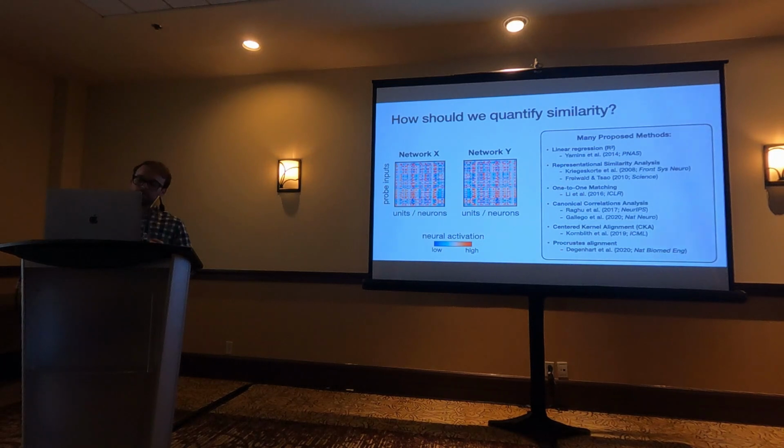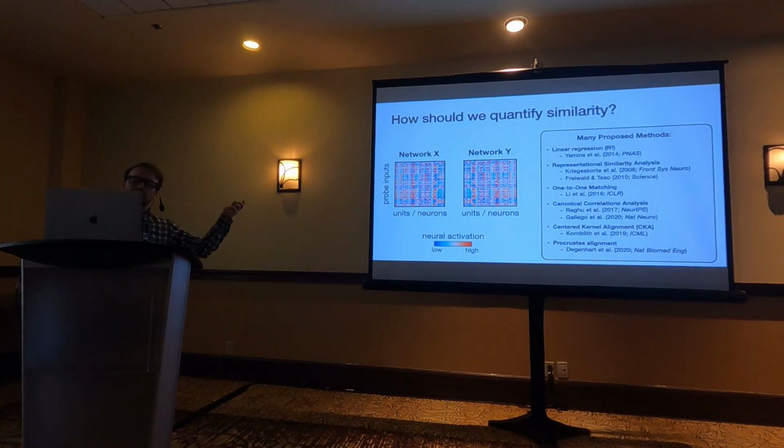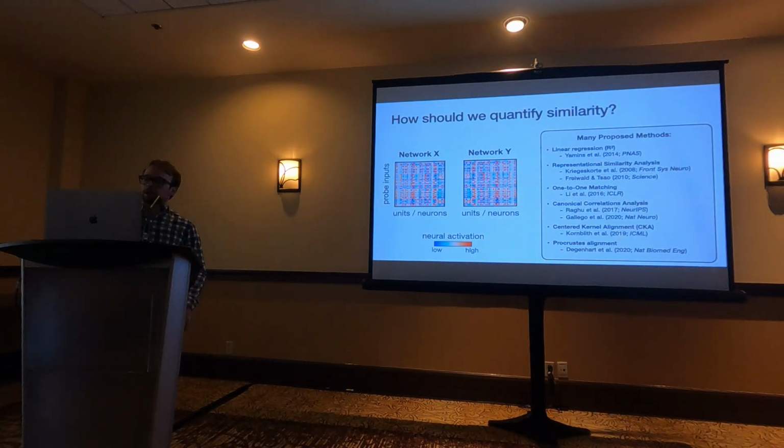Is there an overall framework that we can build? A simple idea, just to give you a flavor of the approach, is you could maybe do a linear regression to predict the matrix Y from X, and then use the R squared as a notion of similarity. That's been used in the past. People in the audience may be familiar with representational similarity analysis, or RSA, which is very popular in the fMRI field.